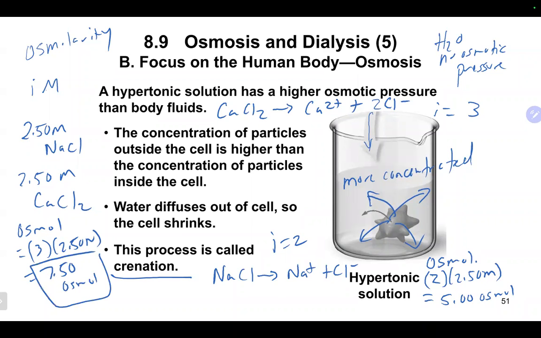Which one should exert the higher osmotic pressure? It is going to be the calcium chloride, as it has a higher osmolarity because it has more particles floating around in that solution. Even though they both have the same molarity, the greater number of particles in the calcium chloride means it will exert more pressure. And that's why it would probably affect the solution a little bit more.